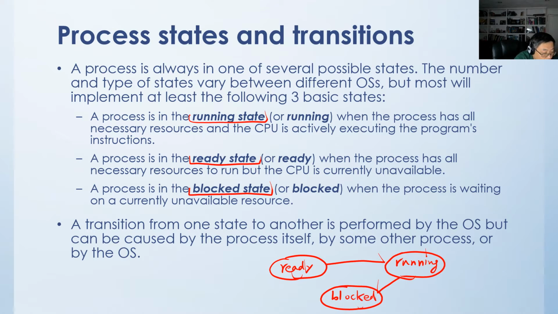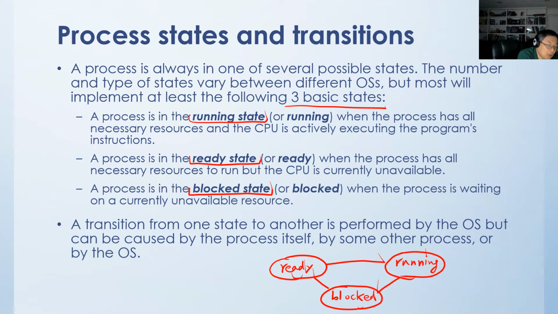Okay. Now, once the process completes the I/O operation, the process is going to say, I'm ready. In that case, most operating systems put the process in the ready state, and then it fights for the CPU again with the other processes. So these 3 states are basic states in pretty much all operating systems.